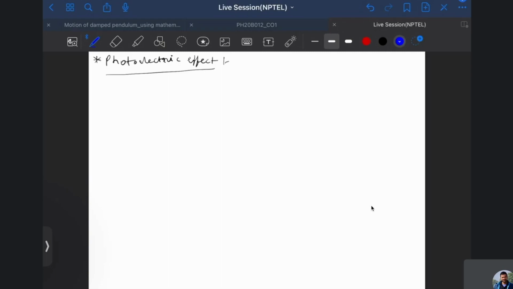Can anyone explain what photoelectric effect is? Which phenomena do we call photoelectric effect? So it's all in the name itself, photo and electric.